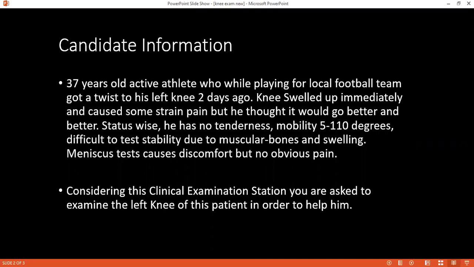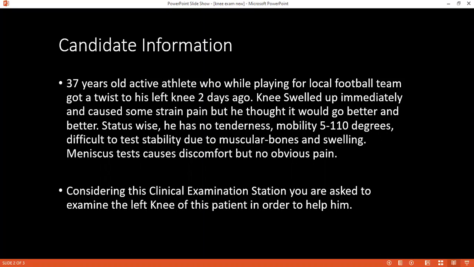The range of motion on the left knee is 5 to 110 degrees active, while I was able to get full range of motion passively. Then the menisci: the McMurray test was positive for the lateral meniscus.